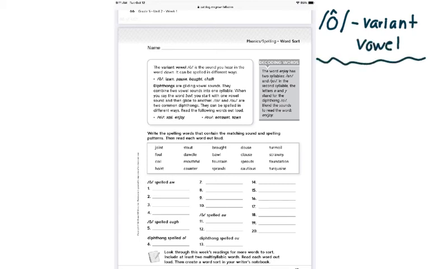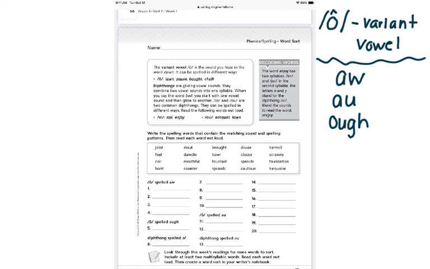This sound can be spelled several ways on our list. It could be A, W. It could be A, U. It could also be O, U, G, H. So when you go through your list, I want you to look for these sounds. There is going to be a Schoology assignment for you to complete where you're going to sort out these words.